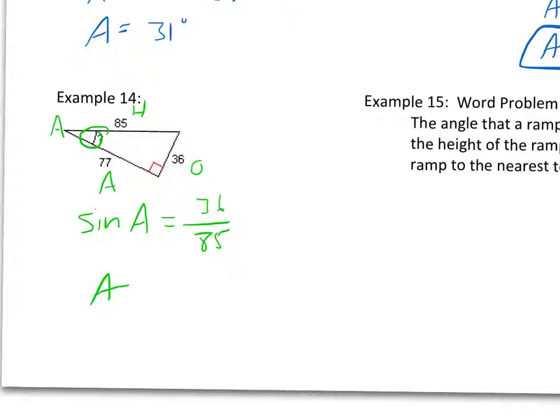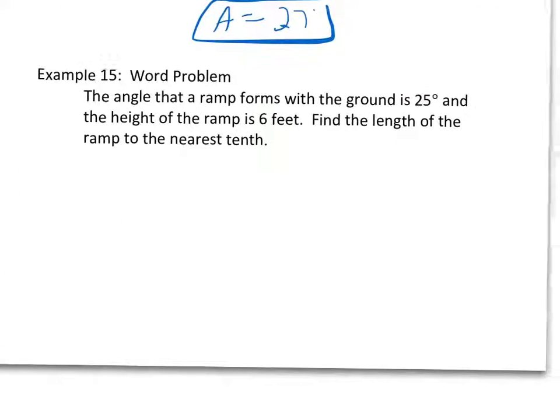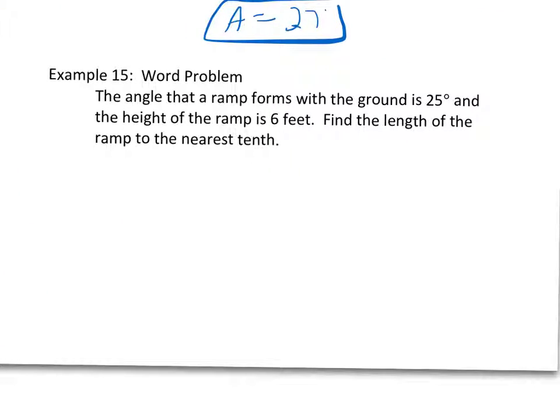So A is equal to sine inverse of 36/85. So A would be approximately 25 degrees.